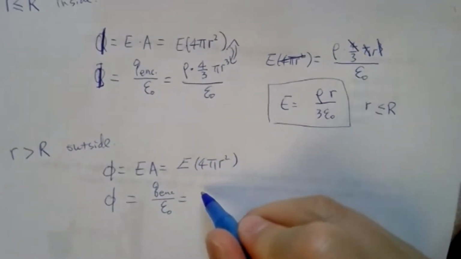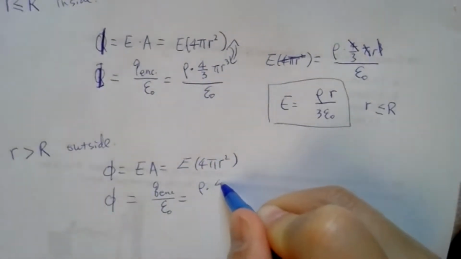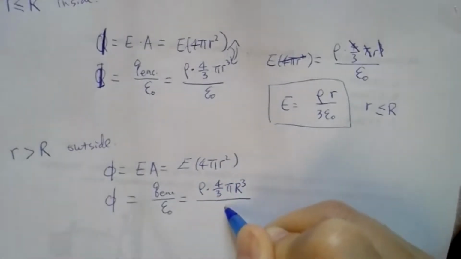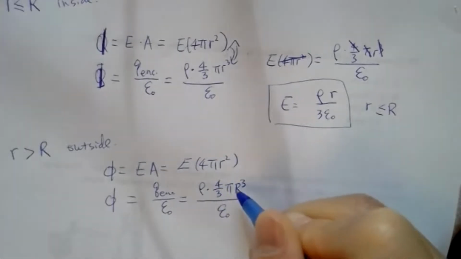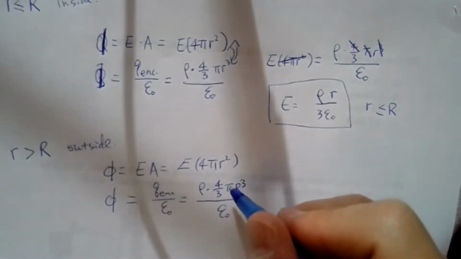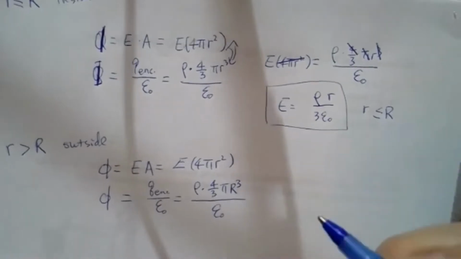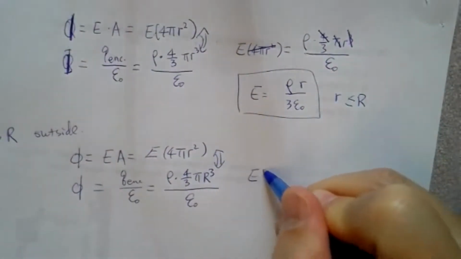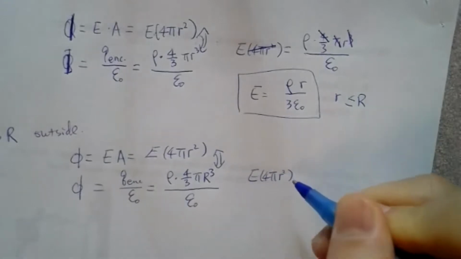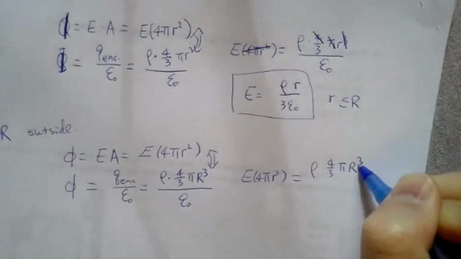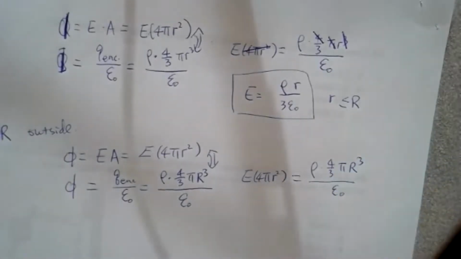This time Q enclosed is rho times 4/3 pi, just capital R cubed, the volume of the sphere, over epsilon naught. Since you are outside, you include all the charge of this spherical distribution. Again, these two should be equal, so E times 4 pi small r squared equals rho times 4/3 pi capital R cubed over epsilon naught.